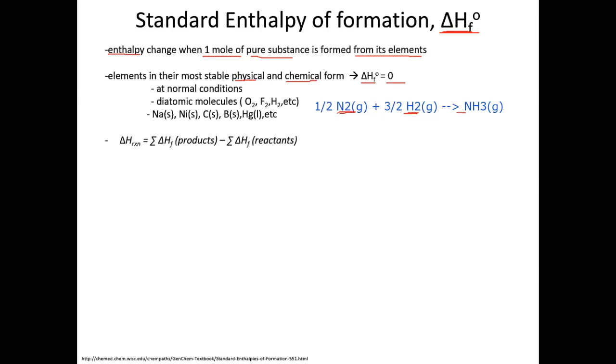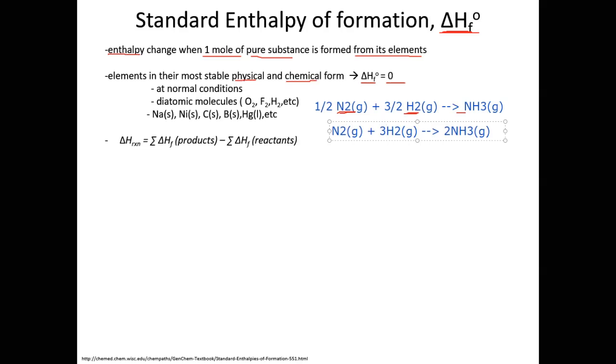Now, if we were to write a different equation, say we wrote N2 gas plus H2 gas yields NH3 gas. Now let's say we're going to put a 2 here and a 3 here.